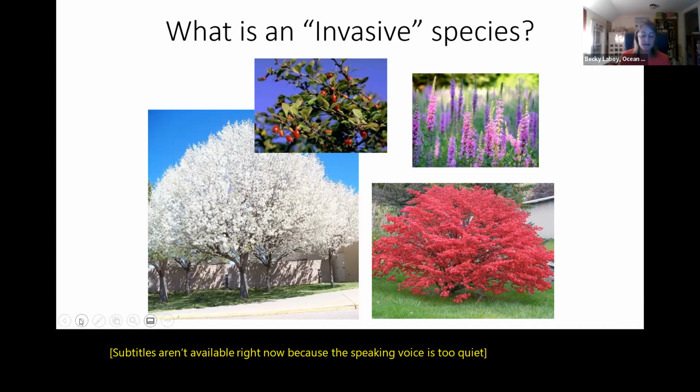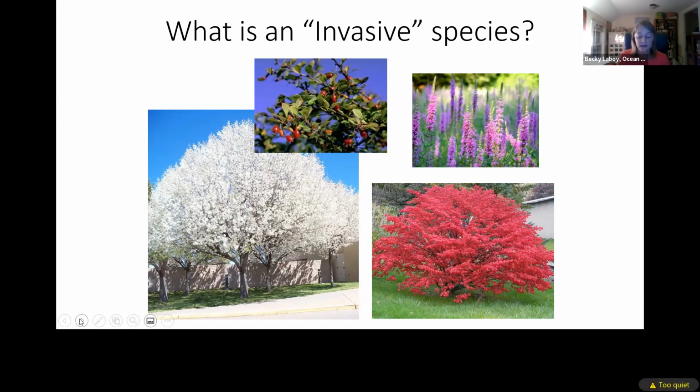So an invasive species is a non-native plant whose introduction causes or is likely to cause harm to the environment and or the economy. Invasive species outcompete other plants for resources and take over the land. They use up a lot of space. They're very aggressive.